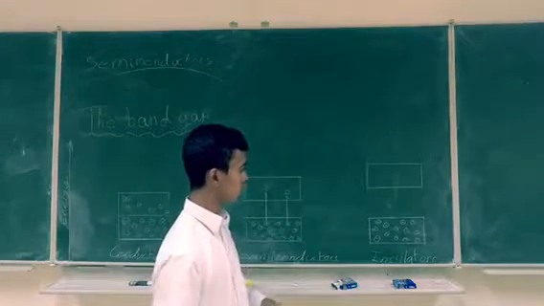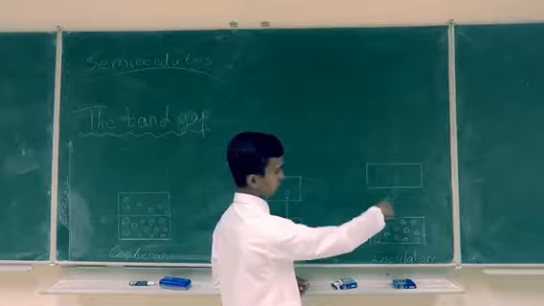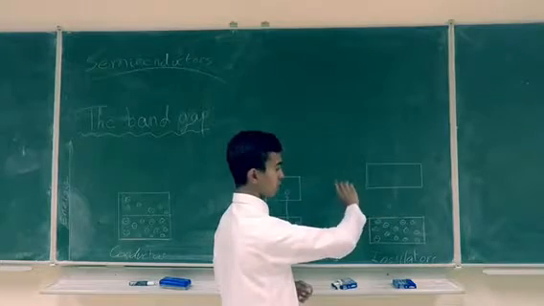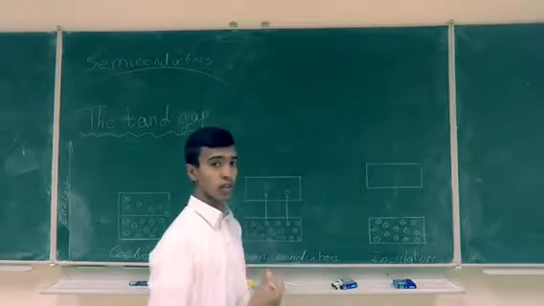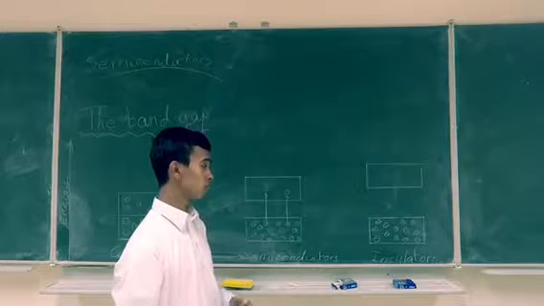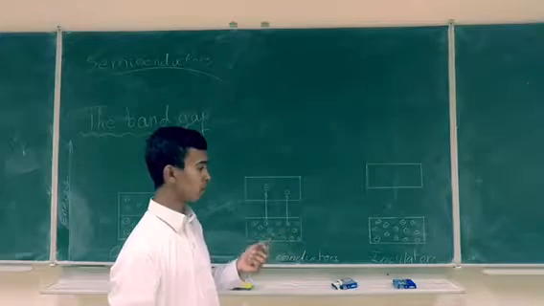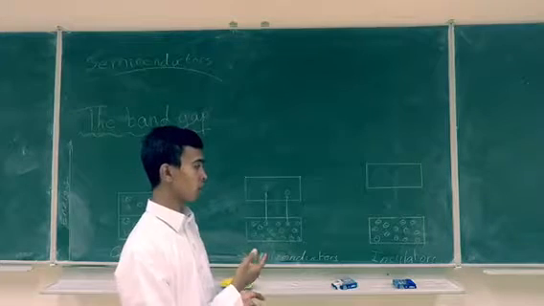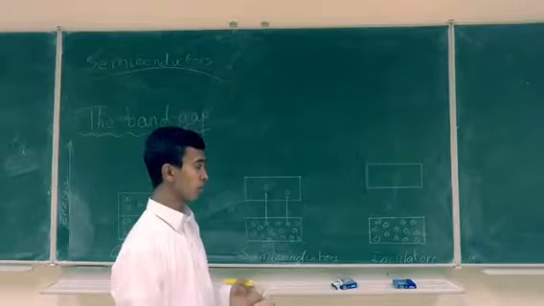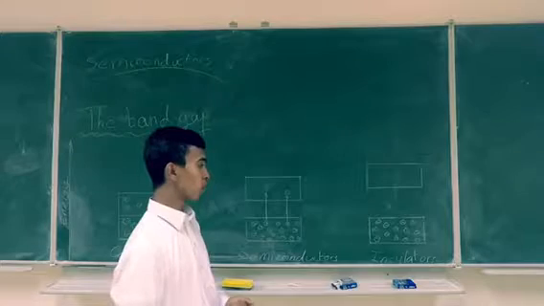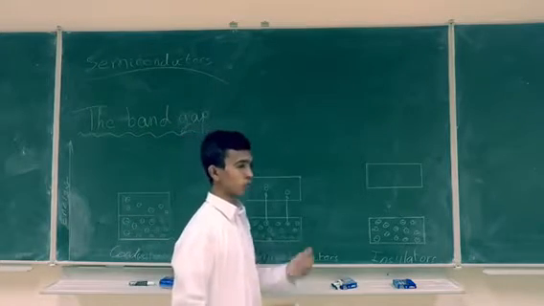While in the insulators, as you see, the band gap is very large, and thus the electrons cannot move, even when we apply some heat or give them kinetic energy. We cannot make them move.